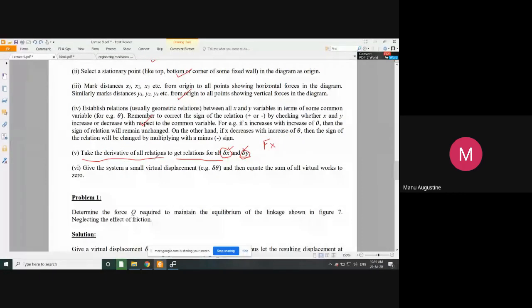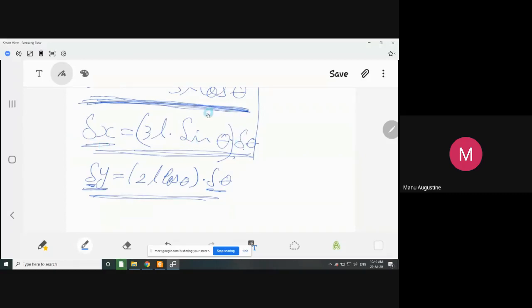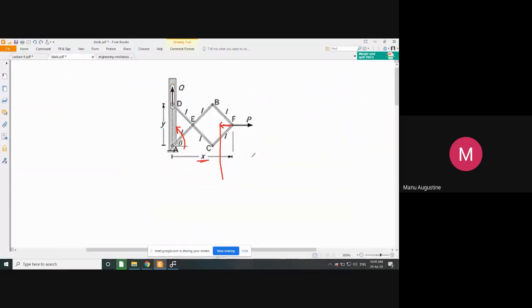Your del x and del y are prepared, small virtual displacements are ready, and now give the system a small virtual displacement, example del theta. Now please remember that your del x is in terms of del theta, your del y is also in terms of del theta. So if you give a small virtual displacement to your body in terms of theta, then automatically delta x and delta y will get created.